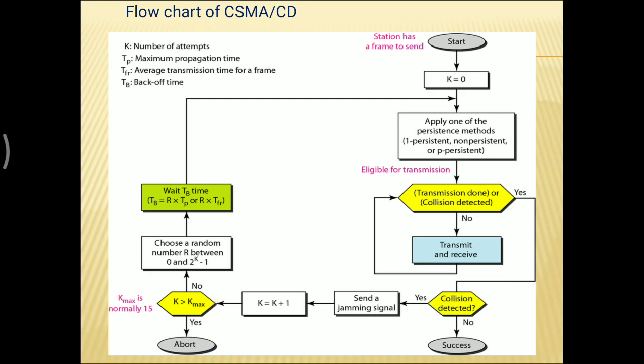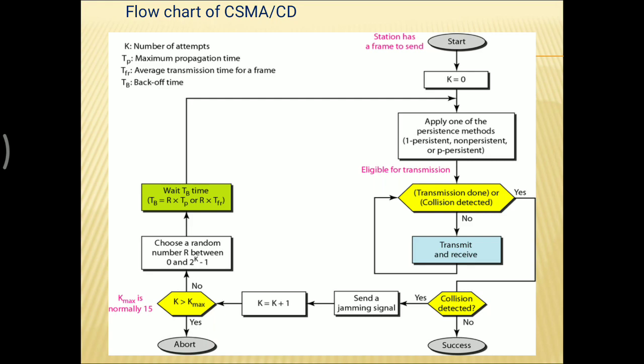Now after incrementing k, the number of attempts, it will choose a random amount of time, taken as r slots, a random number of slots. That random time interval is defined by the formula 2 to the power k minus 1 times the slot time.